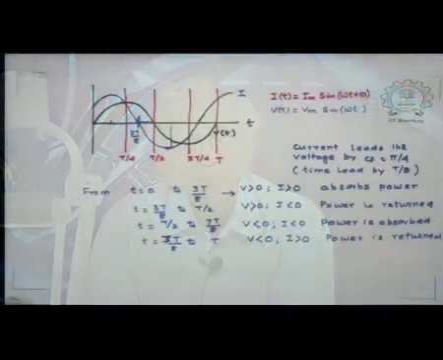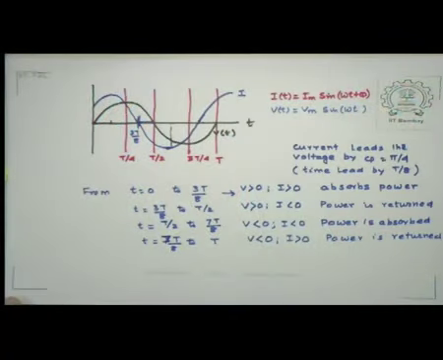And if you look at this summary, then you will realize for a larger part of the cycle, the circuit absorbs power from the source, and for a relatively smaller duration, it returns energy to the source.